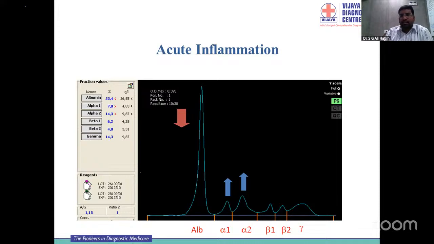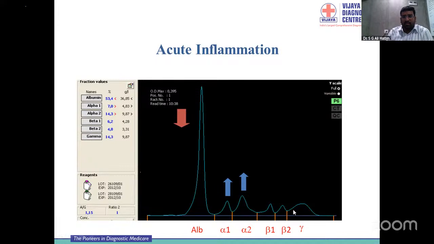If you are seeing one pattern and you want to report it, you can report with the help of these concentrations also. Albumin is decreased and alpha 1, alpha 2 are increased, and in the rest of the fractions, there are no additional fractions, and in the gamma pattern also, there is no disturbance or distortion.